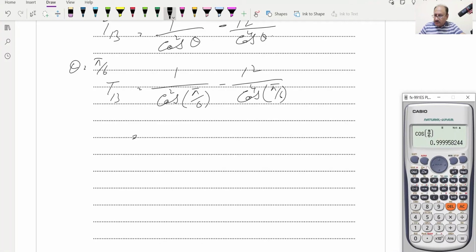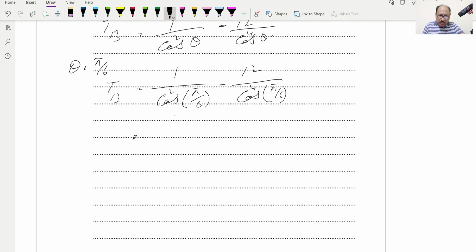We can check the degree mode, shift mode 3 will be degree, and we can check for the radian mode, and cos pi over 6 will be equal to under root 3 by 2.